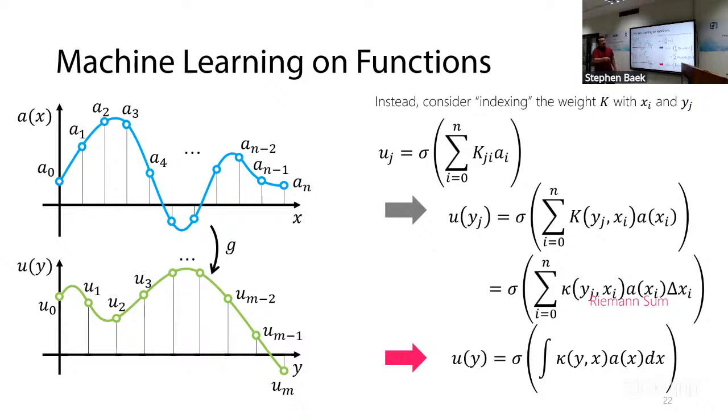This is the key idea over here, where the neural network weights are actually represented as a function, not a fixed, discrete value anymore. Now we have a function k, the kernel function k, that correlates any arbitrary input x with any arbitrary output y at any arbitrary positions.